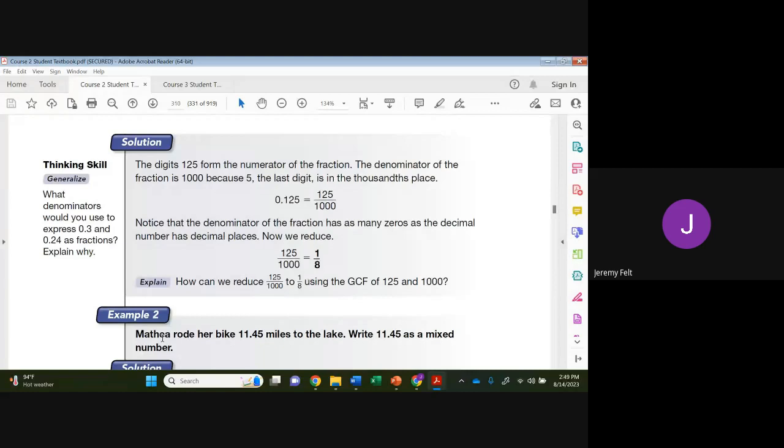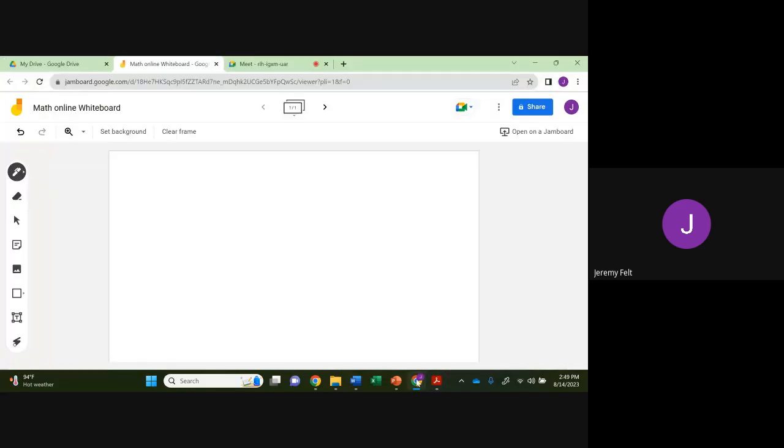Now let's look at Mathia Road. Her bike, 11.45 miles to the lake. Write it as a mixed number. Okay. 11.45. Well, we're going to do 11, and this is tenths, hundredths, so this would be 45 hundredths. That's how we read it in decimal form. So we can immediately put 45 over 100.